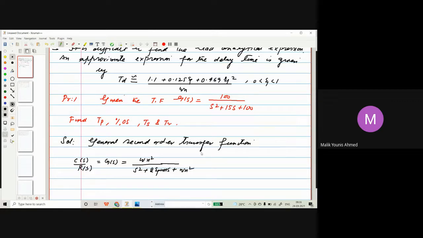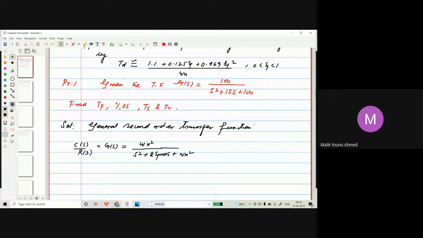The given expression G of S is in the numerical, so we compare equation 1 with the given transfer function.